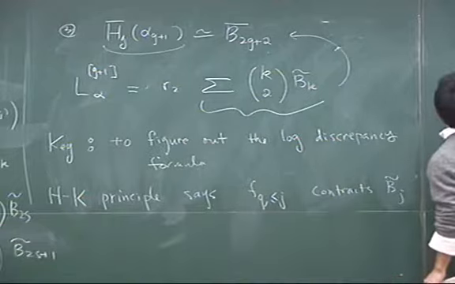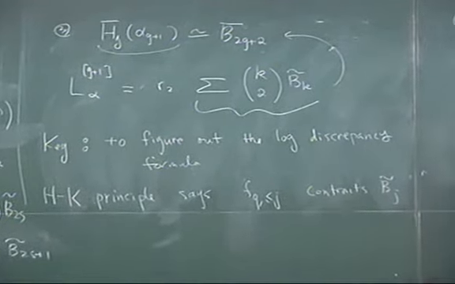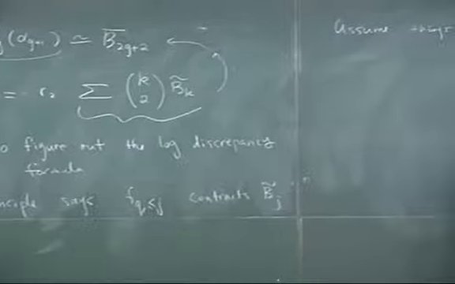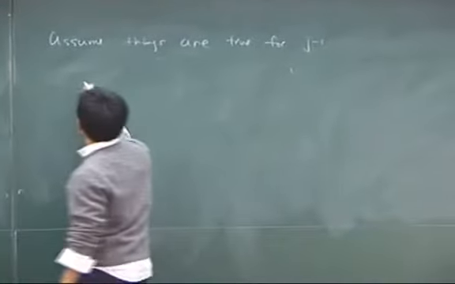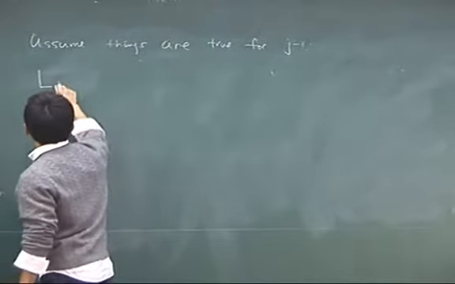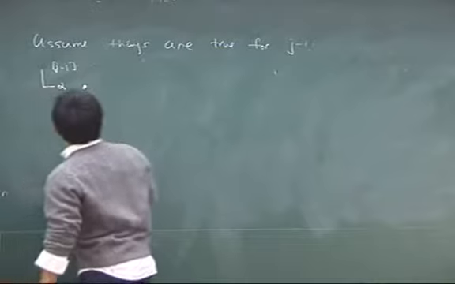Now let's assume that things are true for j minus 1, so that L of j minus 1 is given by what it is.